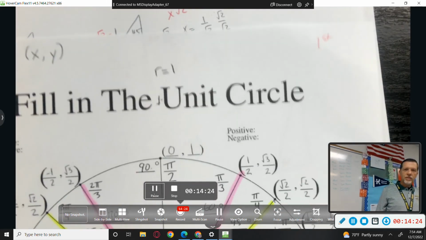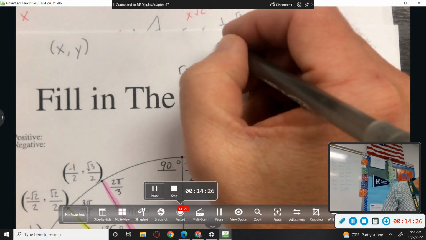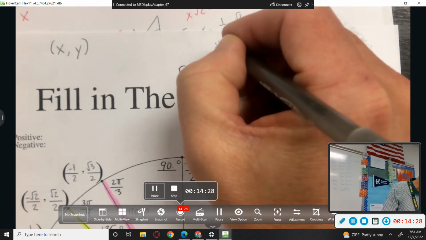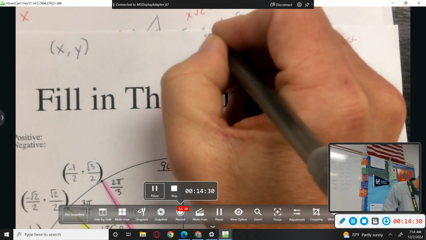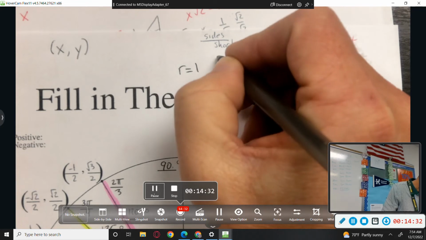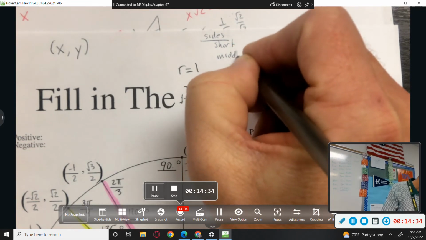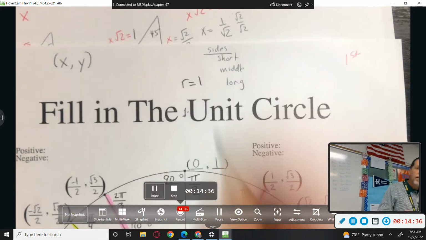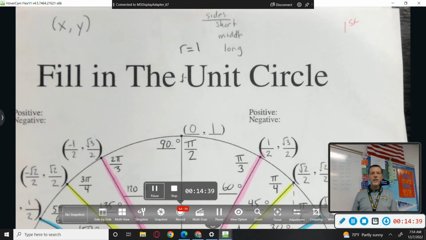So let's come up here and make some summary type things. Not counting the quadrantals, the quadrant markers are easy because that's just 1, 0, negative 1, whatever.